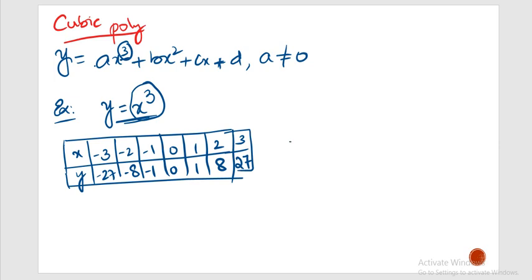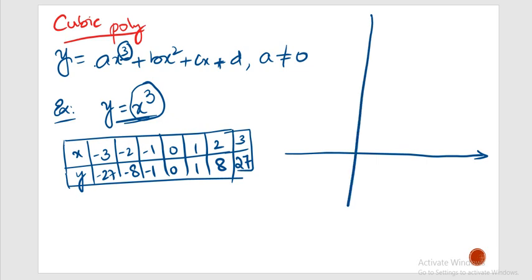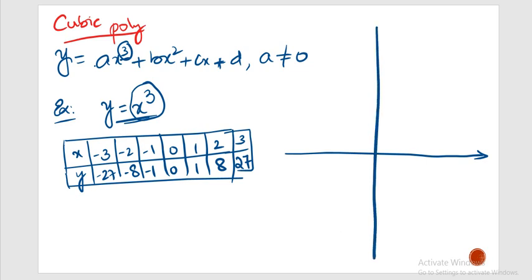Now if I want to draw the graph, this is my x-axis and this is my y-axis. The lines are not coming straight, right? This is nothing but my origin.